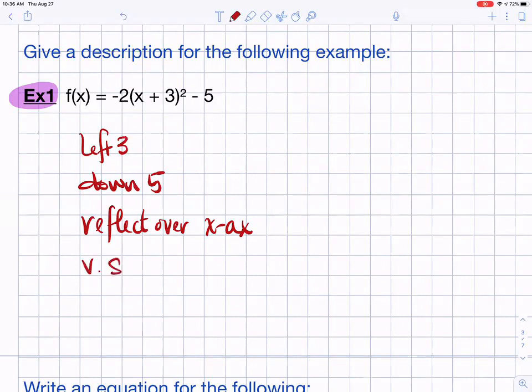Okay, so it's a vertical stretch by 2. Right? Any questions? Go with that. We're going to apply it to the graph, and we're going to graph without a calculator.